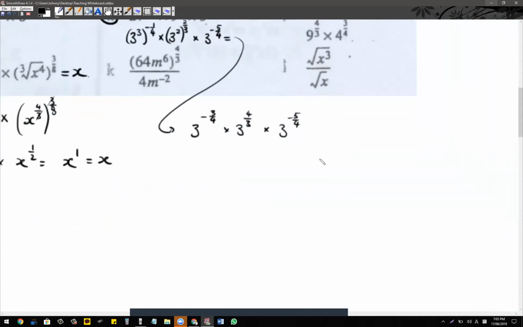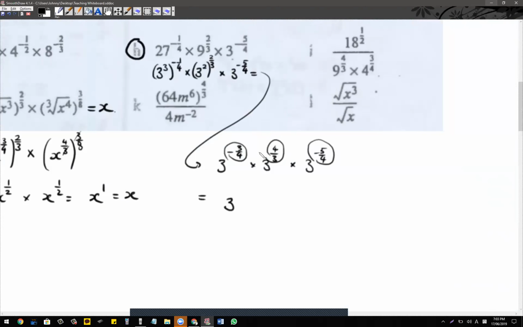Okay. So you get 3 to the power of that plus that plus that. It's a bit challenging to add them all up because they're not in the same fraction denominator. So you need to make them in terms of 12. Times it by 3 and 3, so you get negative 9 on 12. Plus, times it by 4, you get 16 on 12.